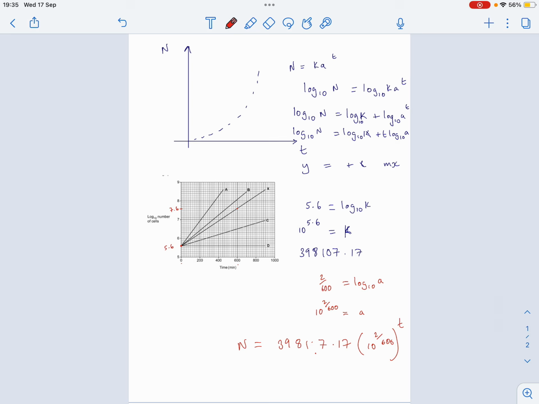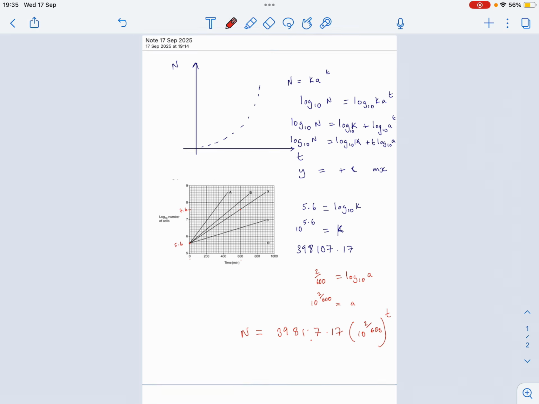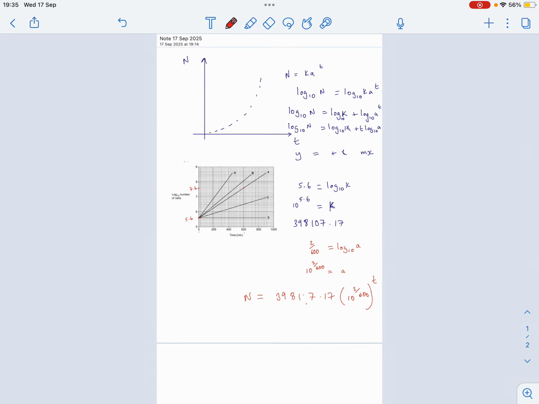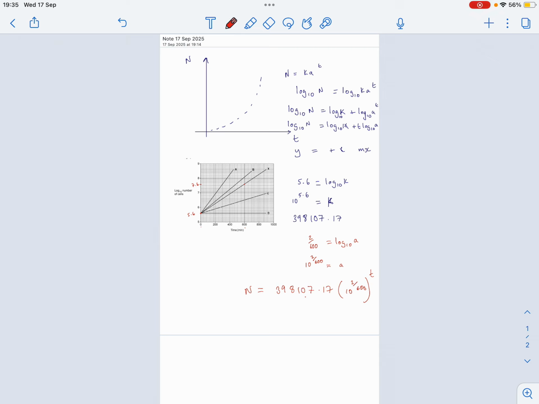Now, it's said in the question that it was 10 hours. So that means that my time, because we're measuring it in minutes, is going to be 600. And actually, the question has been quite nice now, because if I have that power of t, it's going to cancel with that dividing by 600.